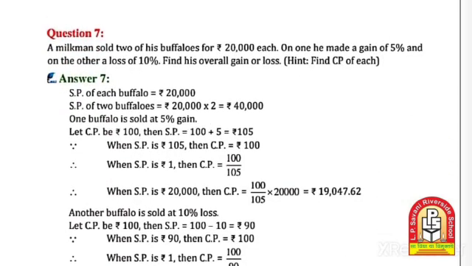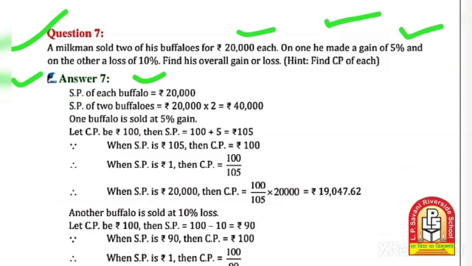Next, question number 7. A milkman sold two of his buffaloes for rupees 20,000 each. This is the most important example and much more difficult, so try to understand it the first time. On one he made a gain of 5%, and on the other he lost 10%.